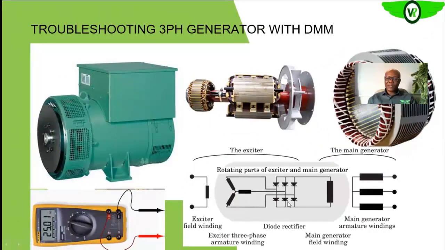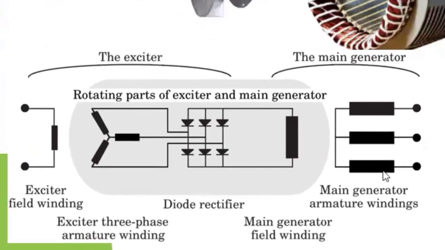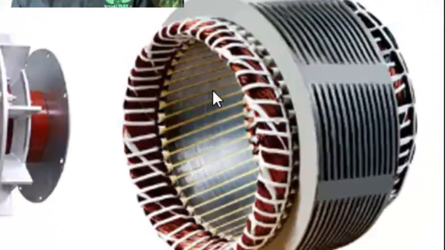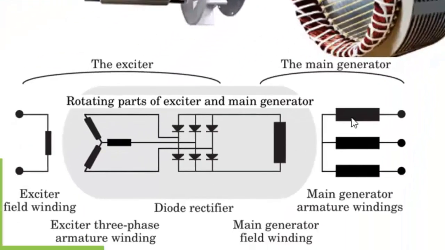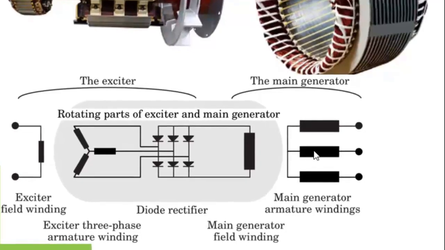Let us see how they are connected. The diagram you are seeing now gives us the schematic of the connection of the alternator of your generator. This is the main generator armature, where you expect to get your output. For a generator that has a neutral, the neutral is taken from the start point of these three windings.